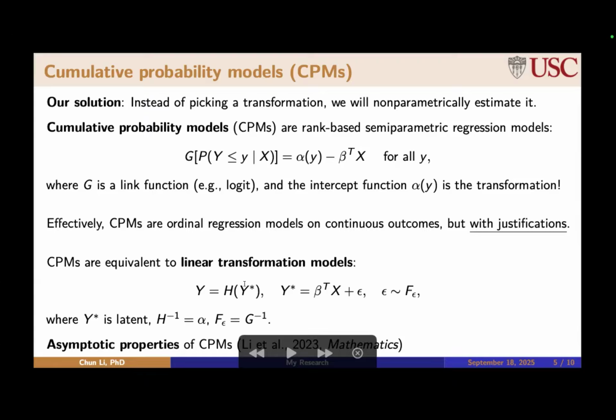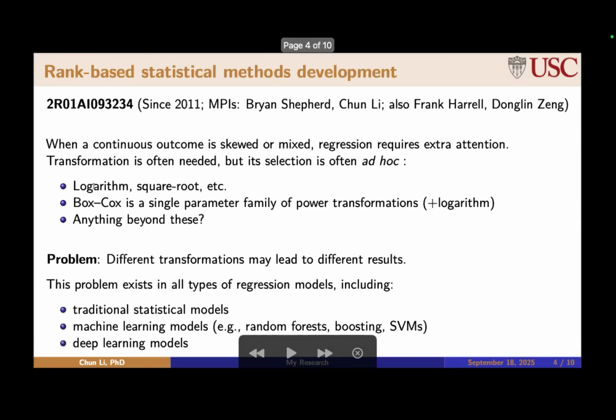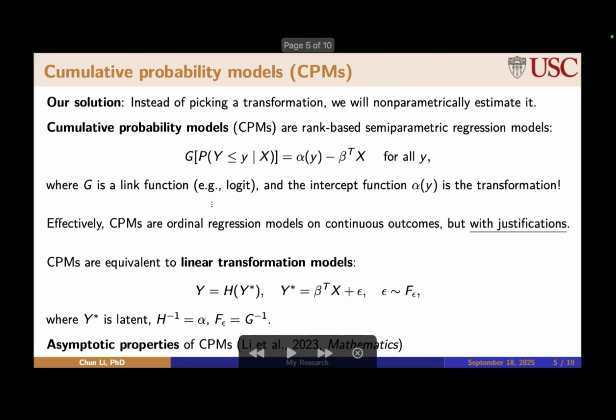This has been studied for decades in survival analysis. It turns out these two models are equivalent, and the intercept function we are estimating is the transformation that's needed. So for example, logarithm or whatever other transformation you may choose, instead of choosing them, you could just estimate this transformation non-parametrically.